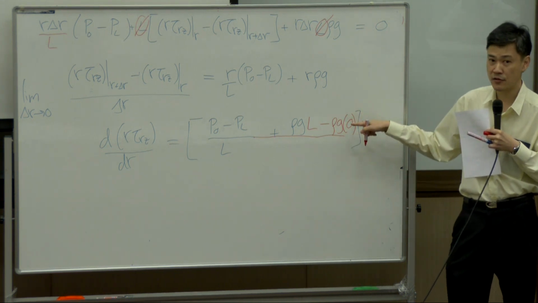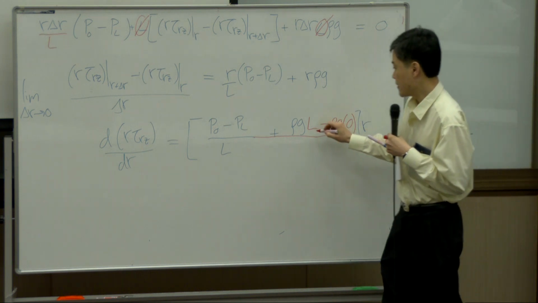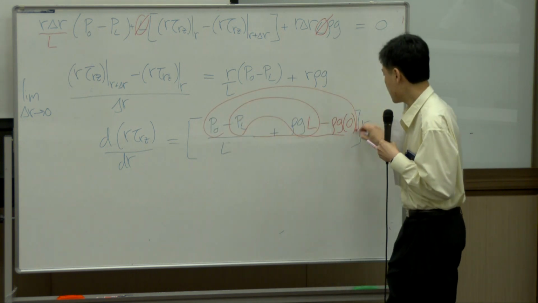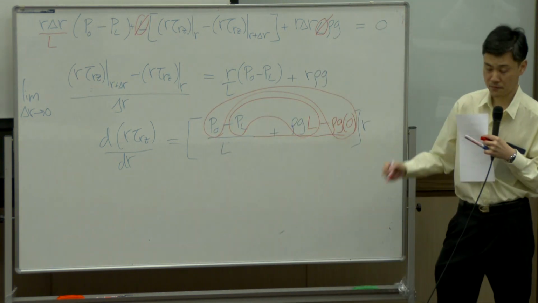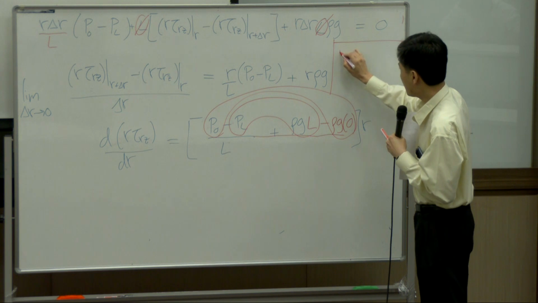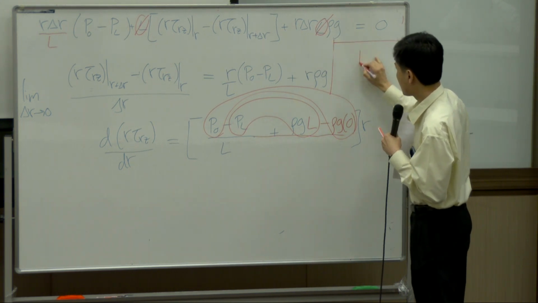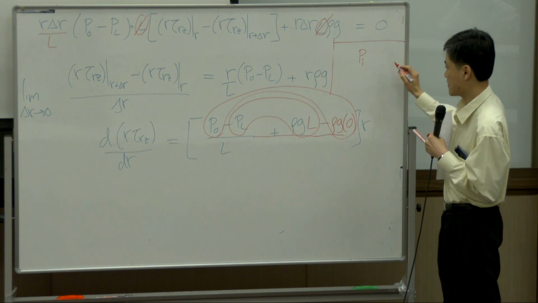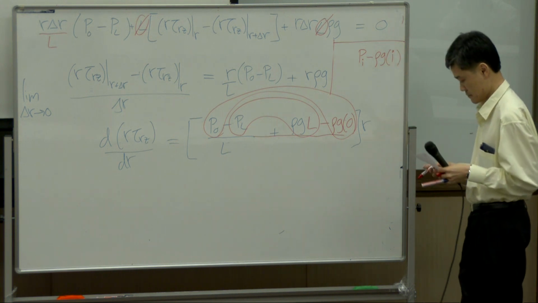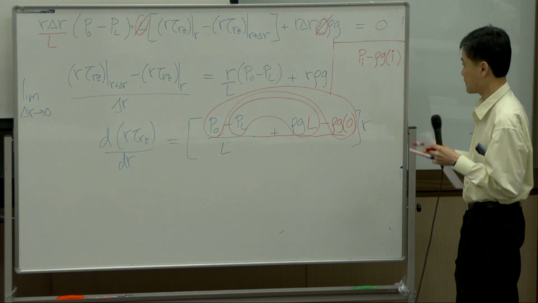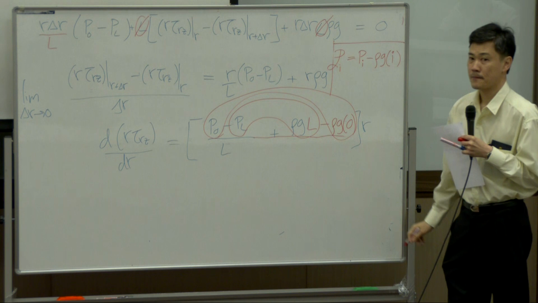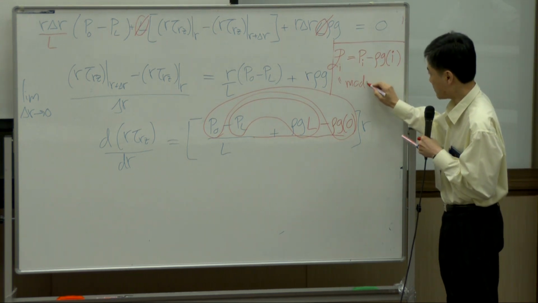I add this term intentionally so that I can combine this term and this term together. So if I define pressure at location I minus rho G times the location itself, I call this one capital pressure I. This is called modified pressure.